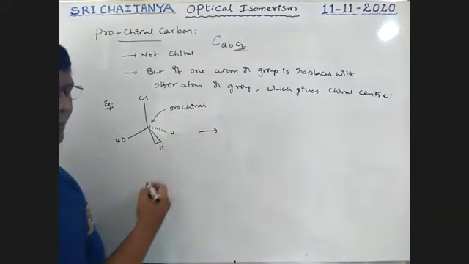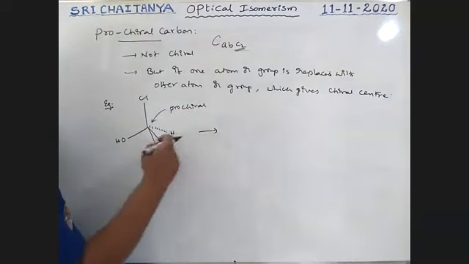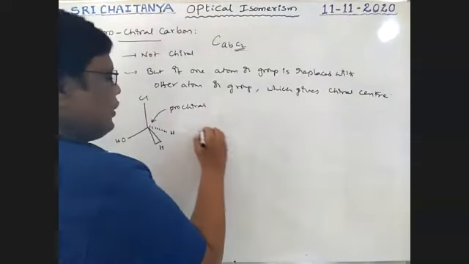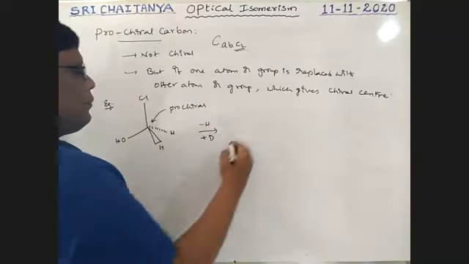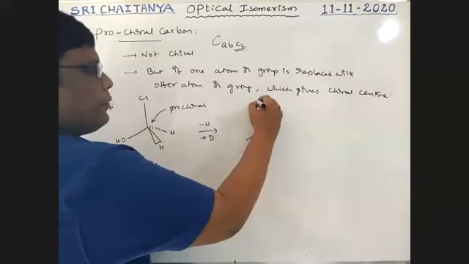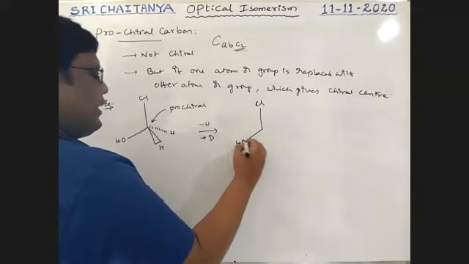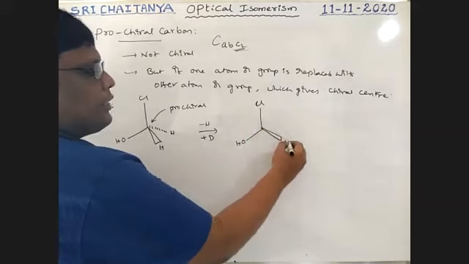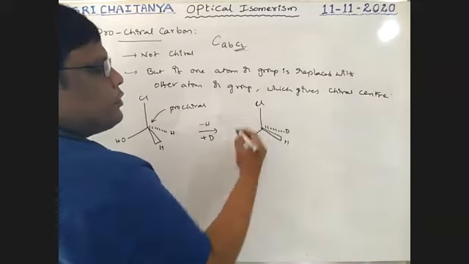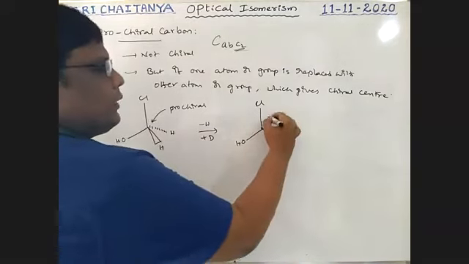Now I am replacing this hydrogen with deuterium. Minus hydrogen, plus deuterium. So chlorine, OH, H, deuterium. Now it is chiral.